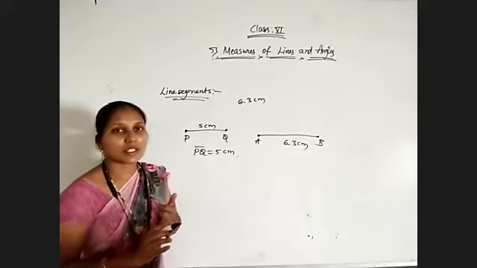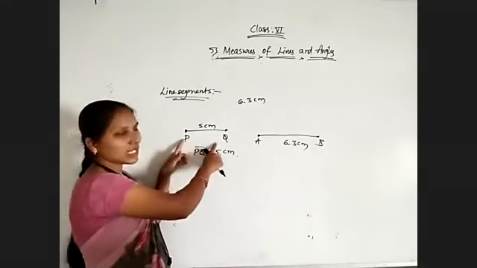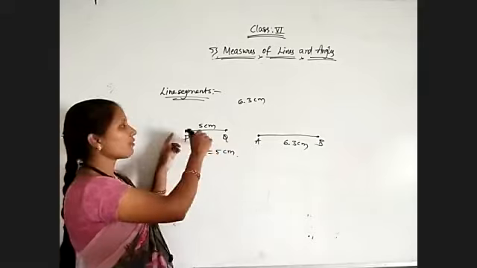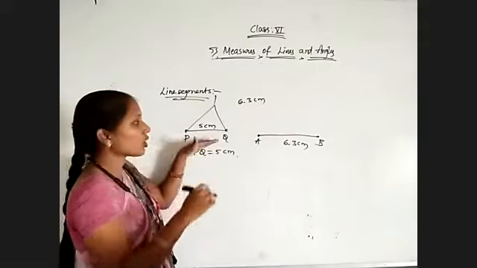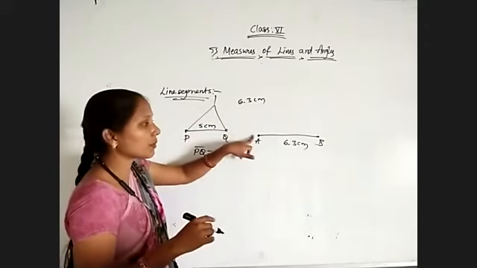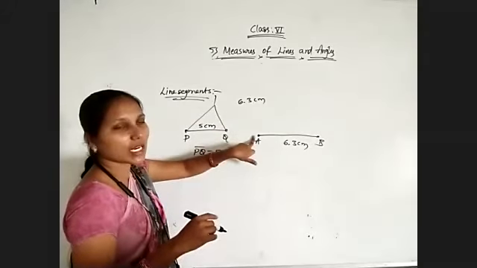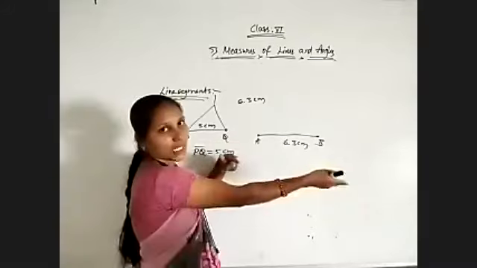But coming to divider, no need to measure the length of PQ. Just we have to place the divider on the first line segment, and without disturbing that length, we will keep one pointer on the vertex of another line segment, and we will see whether PQ is more than AB.